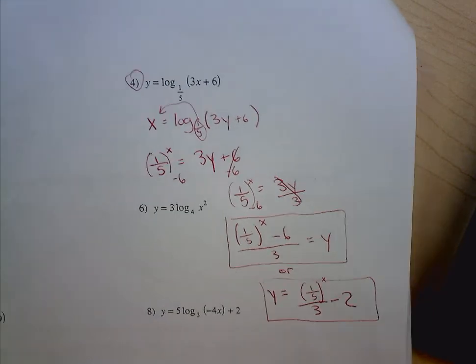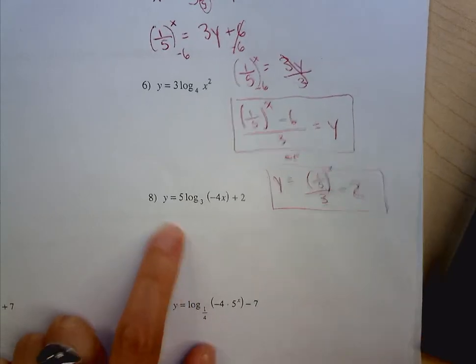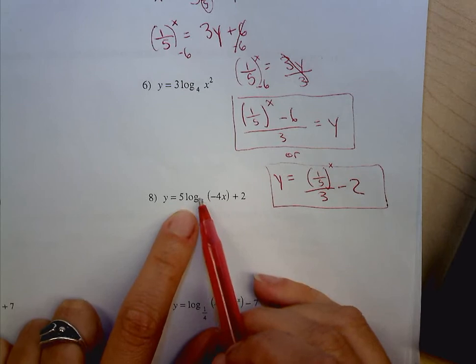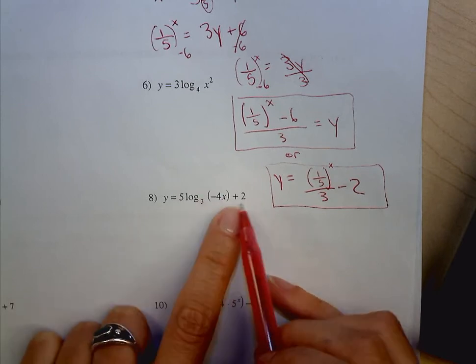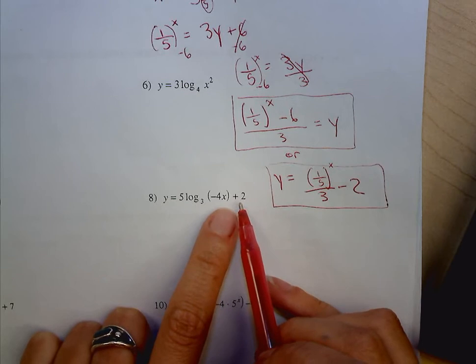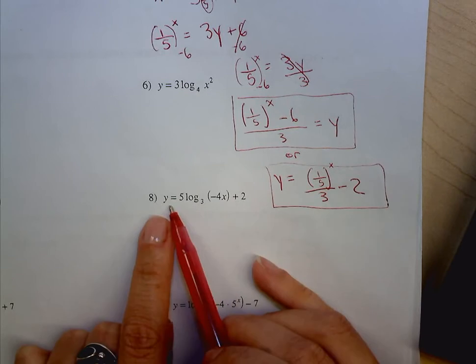So, for example, in number 10 or number 8, I have the 5 that doesn't belong to the log, and this plus 2 doesn't belong to the log. So I want you to subtract 2 and then divide by 5.